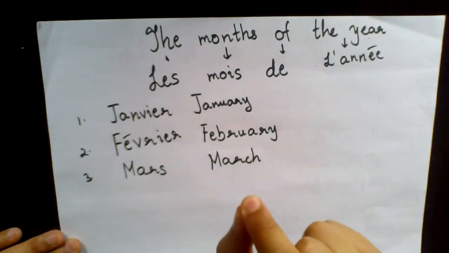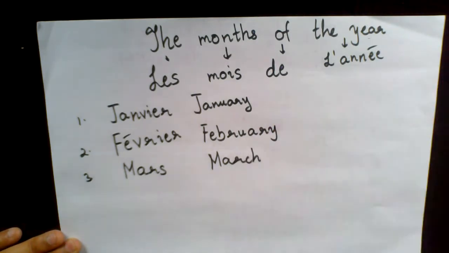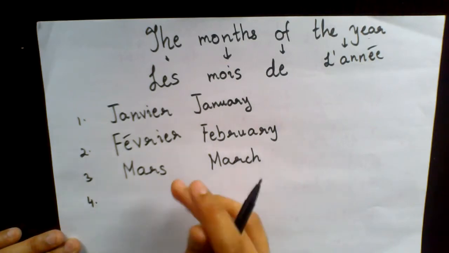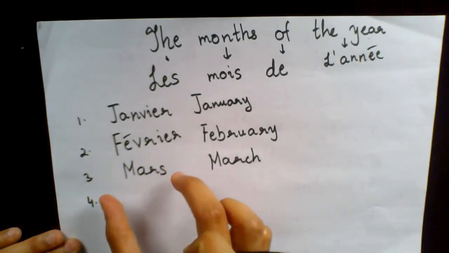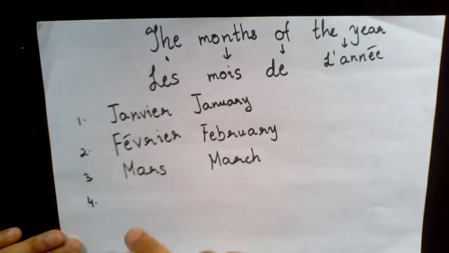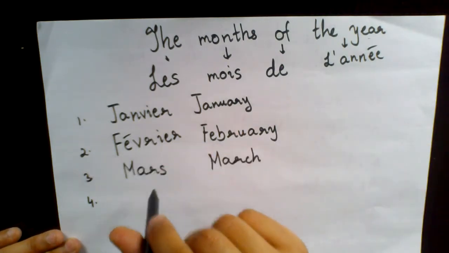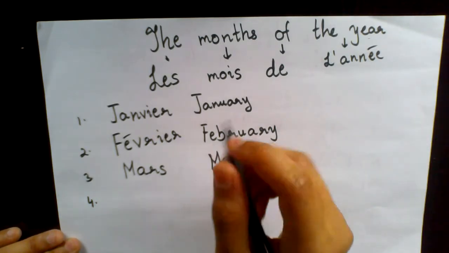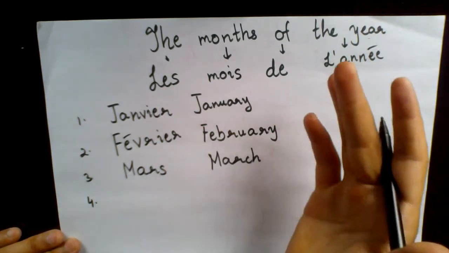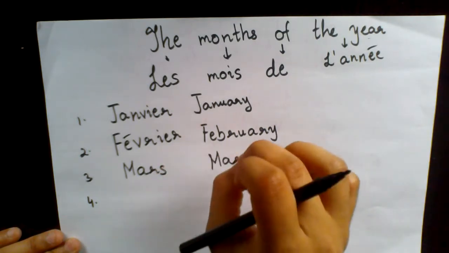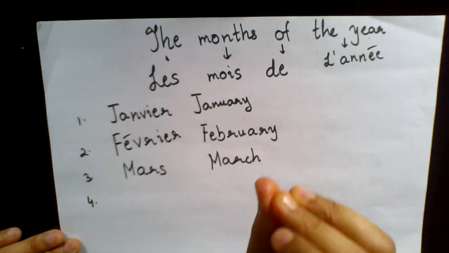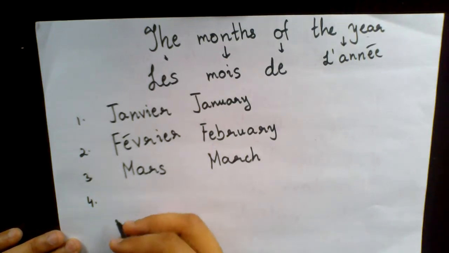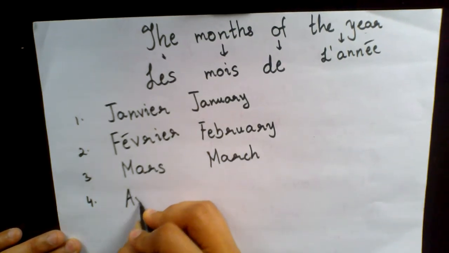It is not "Mar", it is "Mars". Do not worry too much about when to pronounce and when not to pronounce. Remember that 80% or more of the times it is not pronounced, and I will be adding the ground rules in the coming lectures as to when it is to be pronounced and when it is not. Then you have Avril.